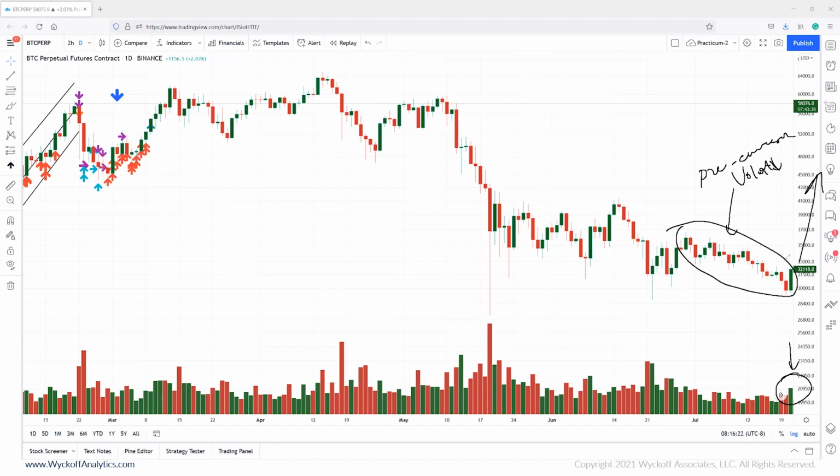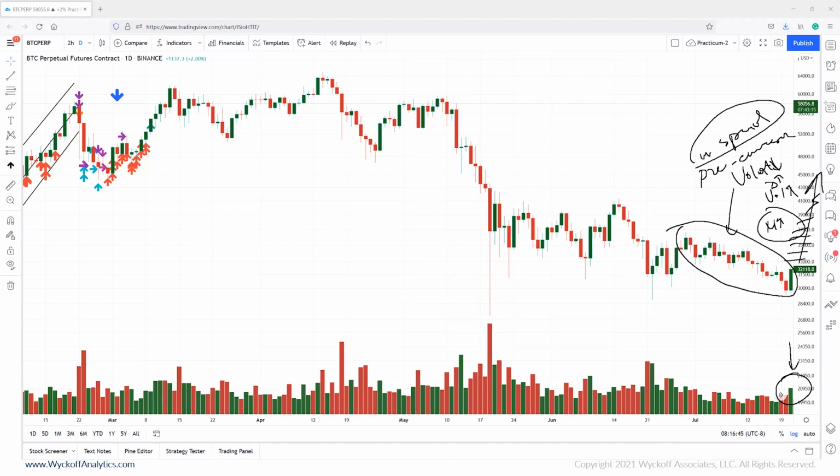They're going to cover their shorts, and as they're covering, that becomes market orders, and that's going to push the price up. With that, momentum is going to increase, volume signature is going to increase, demand is going to increase, upward spread is going to increase, and we kind of could, and I hate this word predict, but we kind of could foresee what kind of character we're going to have.